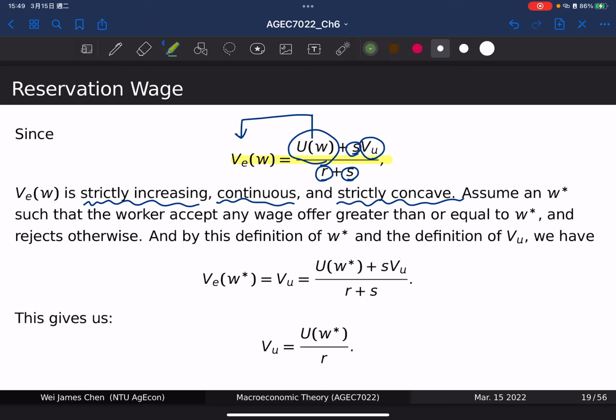And let's define something called W star. This W star is called the reservation wage. What is the reservation wage? It is defined such that the worker is going to accept any wage offer greater than or equal to W star, but reject anything lower than that wage.